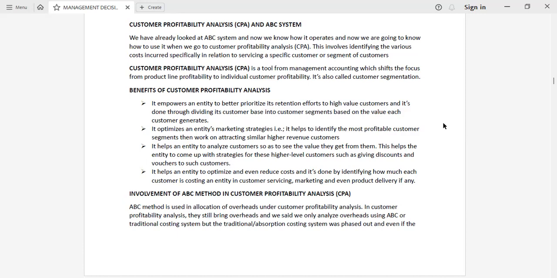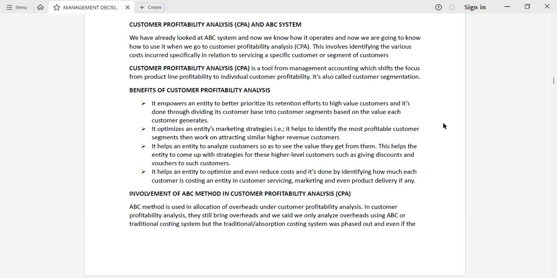And they may tell you to advise on which strategy the company can take on to make sure that those that are performing poorly can improve. So that's one of the ways that the examiner may ask this, or he can also tell you to advise on the customers who are more profitable to the business. And all of that will be done under the customer profitability analysis.